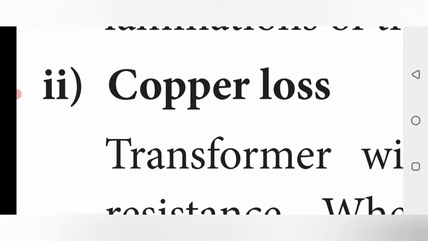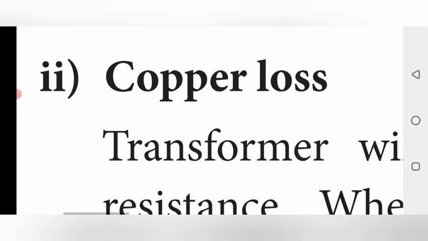That energy is heating energy, which we call Joule's law of heating. This energy loss is called the copper loss. It can be minimized by using thick wires, that is copper wires of larger diameter, to minimize this Joule's heating.